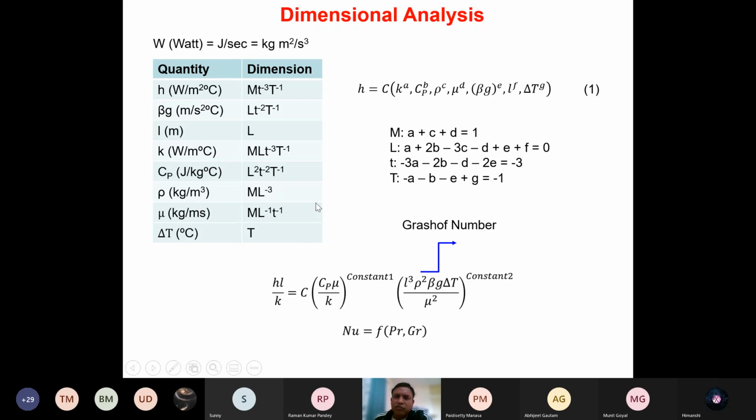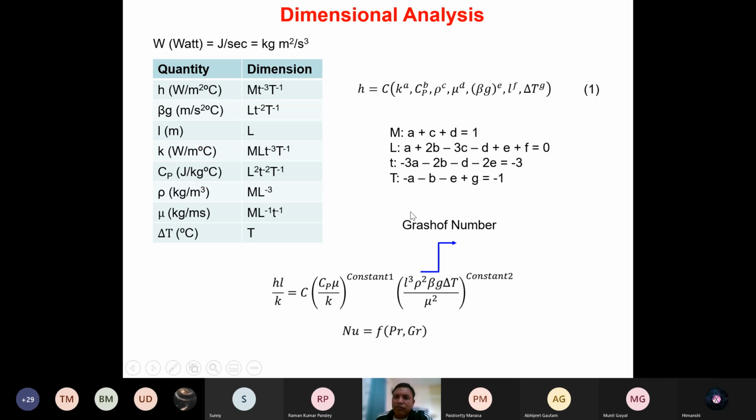You just write the dimensions of each of these variables and equate them with the coefficient corresponding to h.